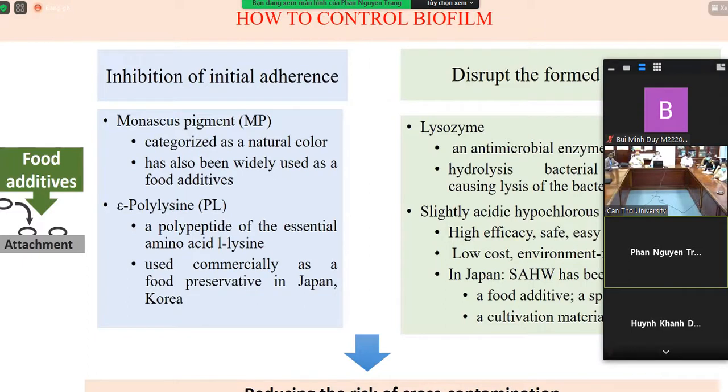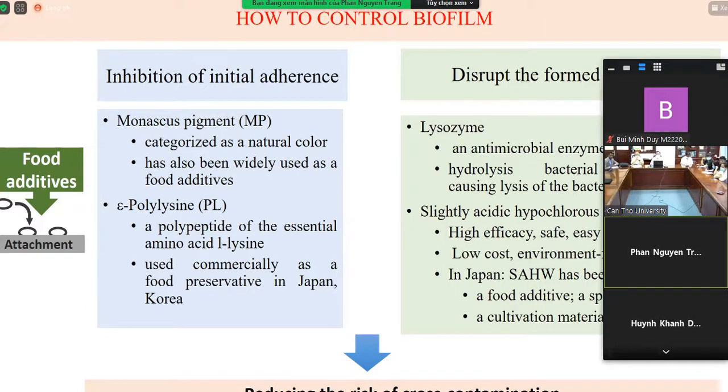SASW is a sanitizer, in contrast to traditional chlorine treatment. Traditional chlorine treatment has some problems, including corrosion of surfaces and negative effects on human health and the environment. However, SASW is generated by electrolysis of hypochlorous acid and sodium chloride, and the pH value is around 6.